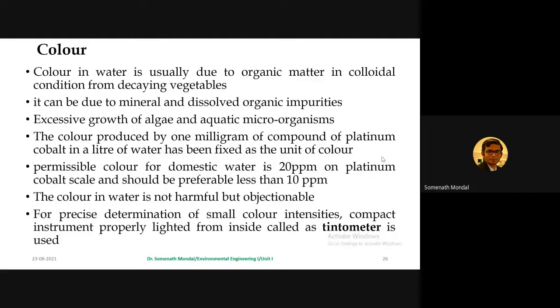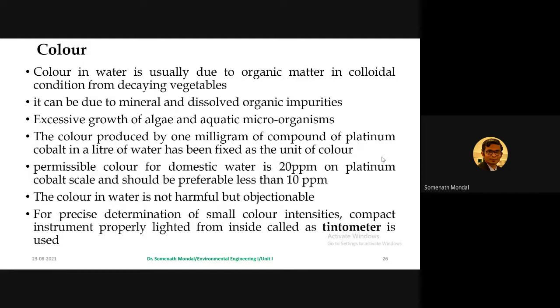The instrument contains an eyepiece with two holes, and a slide of standard colored water is seen through one hole, and the slide of water to be tested is seen through the other hole, and the standard color slide is replaced by another till a match is obtained.